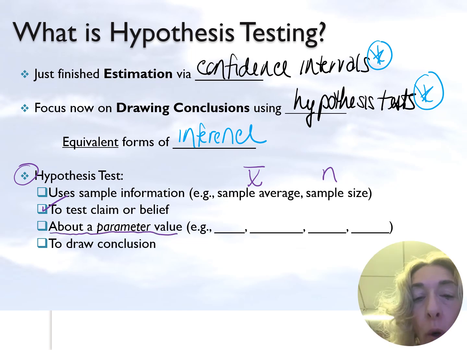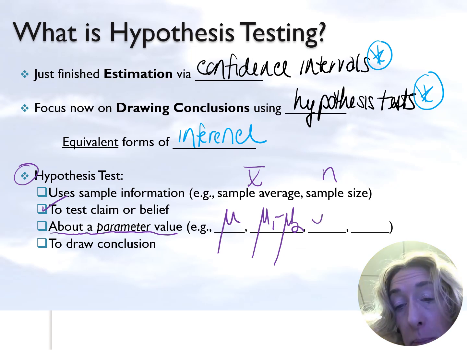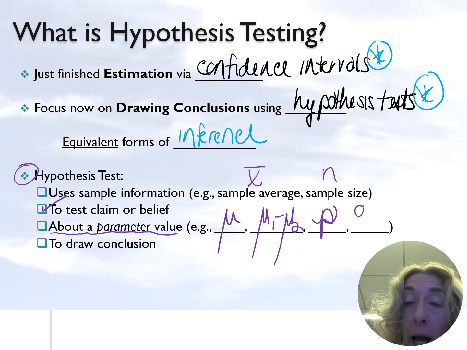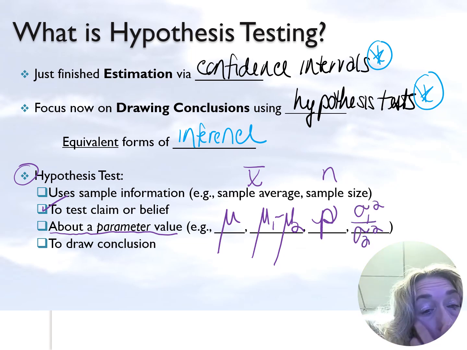So with hypothesis testing, we are trying to test a belief or a claim perhaps about mu, or mu1 minus mu2 if we've got two populations, or perhaps p, the population proportion, or perhaps sigma 1 squared to sigma 2 squared. These are all parameters, and we're doing this to ultimately draw a conclusion about that parameter value.